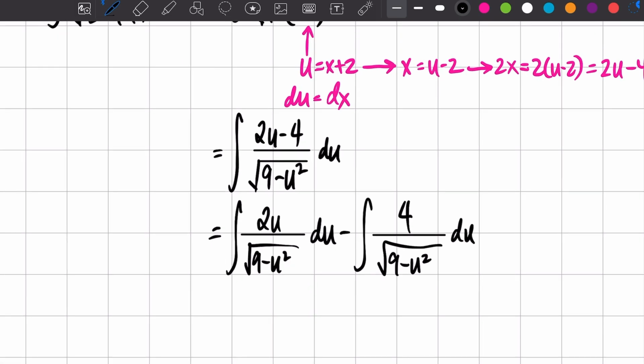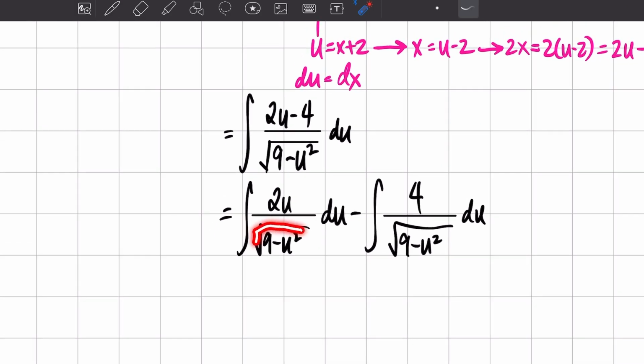And this is better since, as you can see here, you have a polynomial of degree 2. And if you differentiate this one, what you'll get is a negative 2u. And here, you have a positive 2u. So it's possible to do a u substitution there.